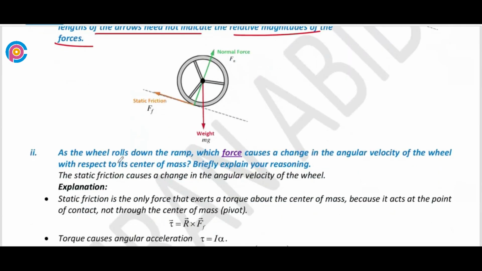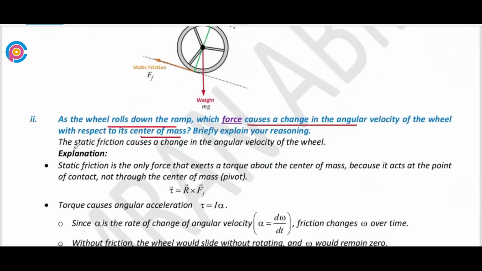Second part of the question: as the wheel rolls down the ramp, which force causes the change in angular velocity of the wheel with respect to the center of mass? I have indicated that static friction is the force causing the angular velocity to change. Static friction is the only force that exerts a torque about the center of mass.